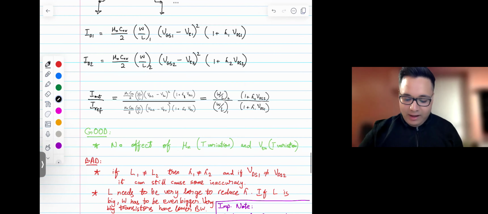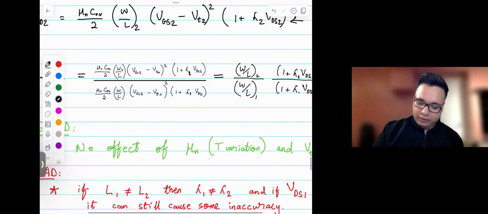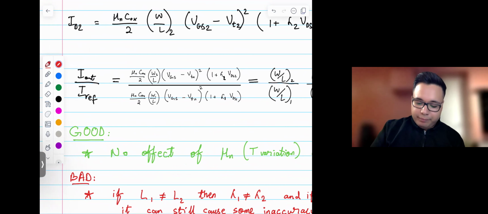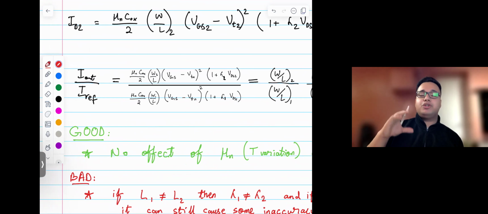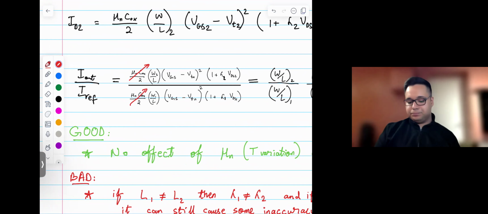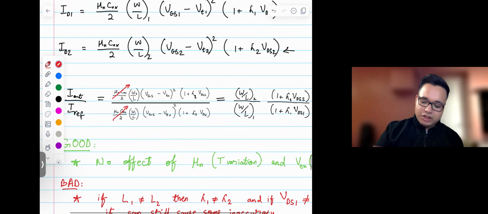Okay, so if we divide these two equations, we basically get something like this, right? And let's start looking at this. So mu n changes with temperature, but if we have a ratio of the two mu n's, then assuming that mu n's dependency on temperature is the same for both transistors, this would cancel out. Okay, and then VGS and VTN as well.